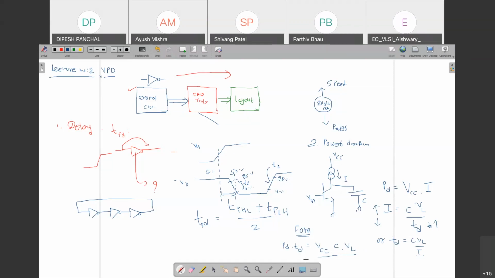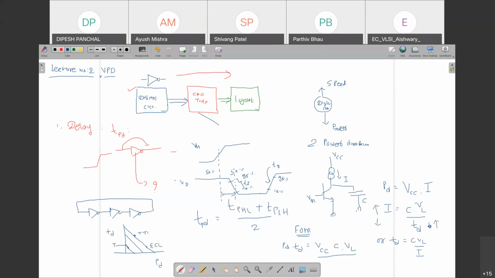Maybe you have heard about different types of logic families like ECL, TTL. For these, manufacturers provide a graph called the power delay graph. On a log scale, if I sketch the graph, it looks like this. Somewhere TTL, transistor logic, is available over here. Maybe somewhere over here emitter coupled logic is available, and somewhere over here I square L logic is available.